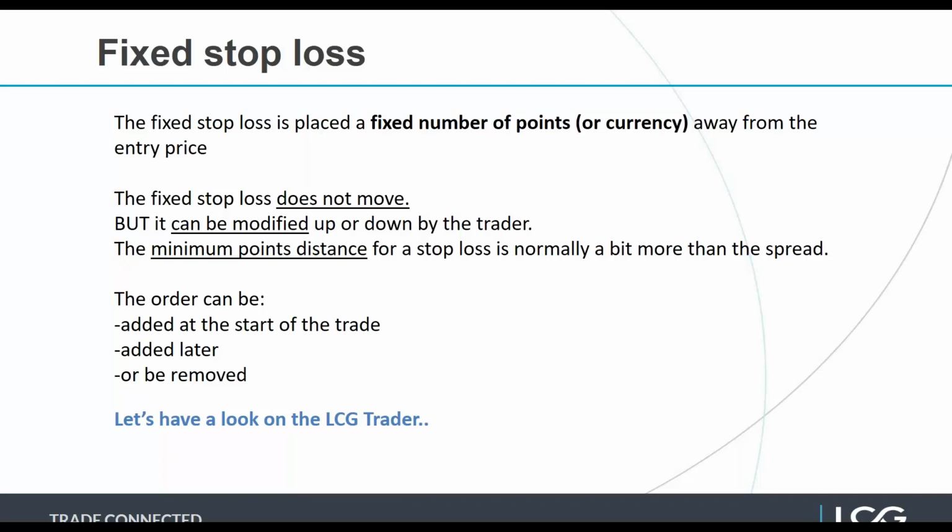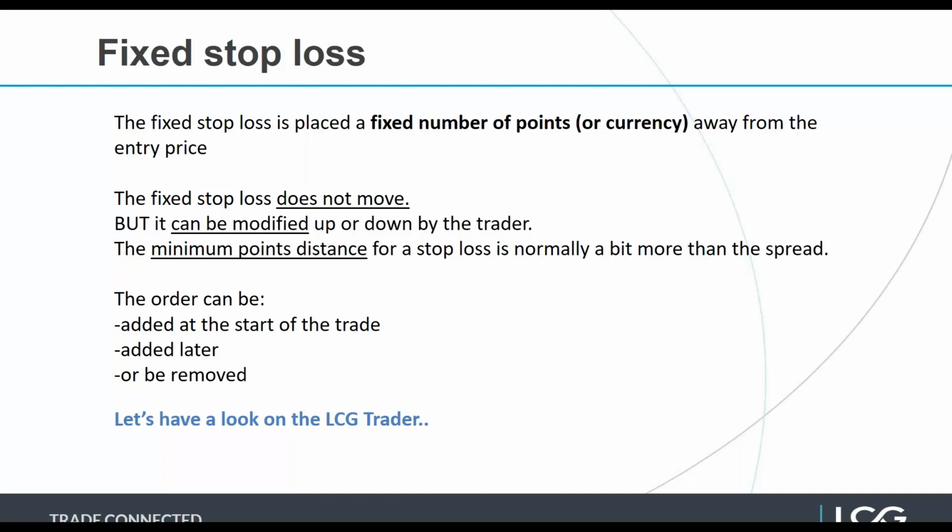So you're just fixing it at, you enter here. If you're buying here, price drops. You're going to get out at exactly this price point or exactly this amount of pounds and cents lost. So the fixed stop loss does not move, but you can modify it. So you can move it up or down.